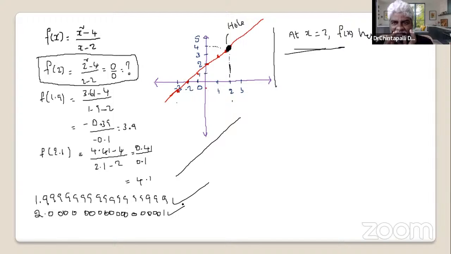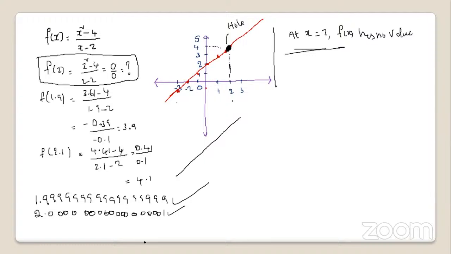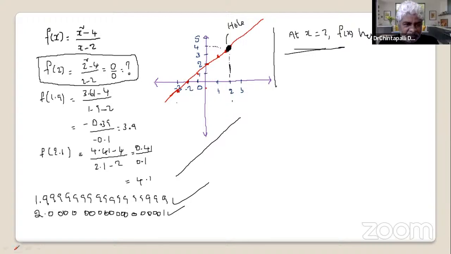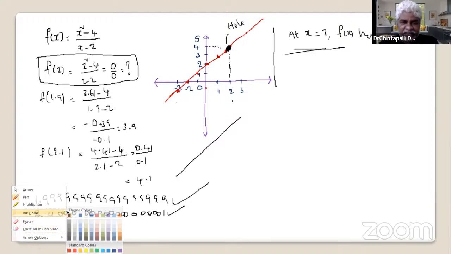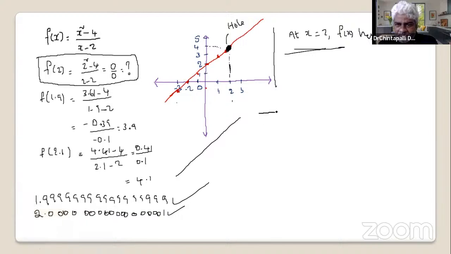Then the curiosity develops. Of course, it is not defined for x equal to 2. See, a new symbol is introduced. That symbol is like an arrow mark, read as x tends to 2.